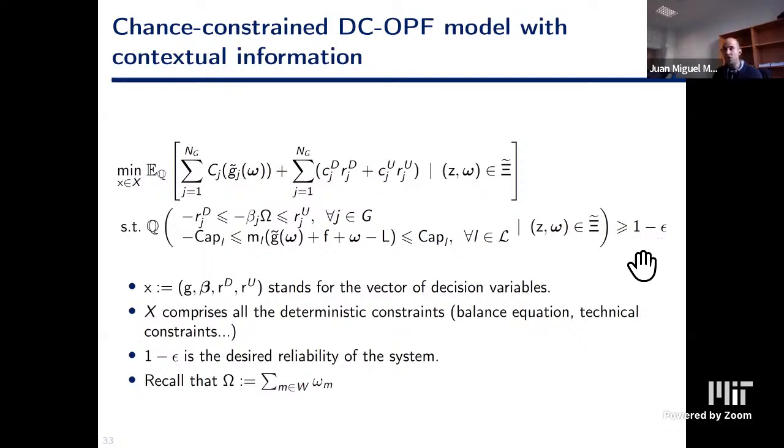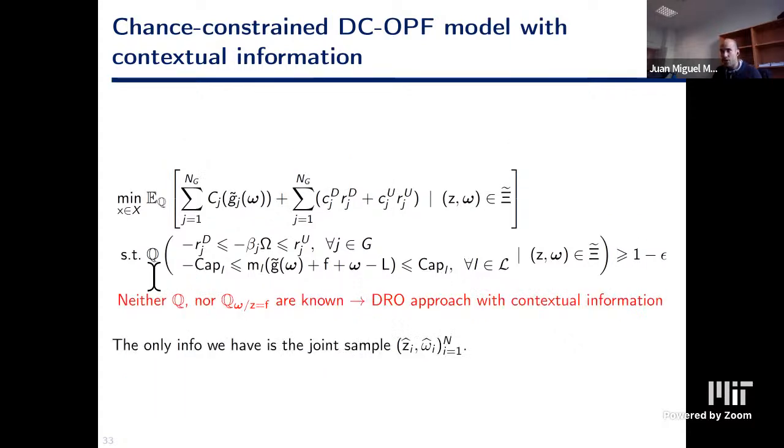Okay, this is a joint chance constraint. The problem is that both the expectation in the objective function and the probability of the chance constraint are computed over the joint probability measure of the context, that is the wind power forecast, and the prediction errors given the wind power forecast. But neither this joint distribution, nor the conditional one, is known.